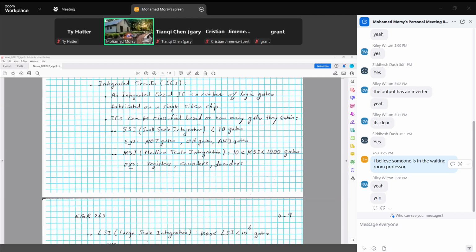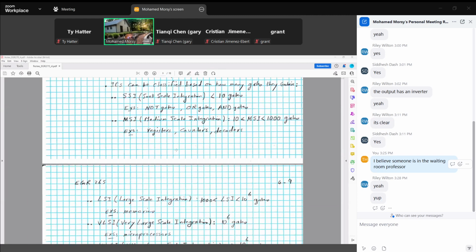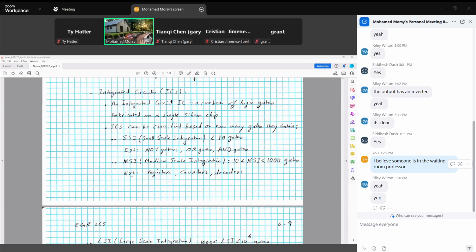ICs can be classified based on how many gates they contain. So each IC has a certain number of gates. And based on this number, we say this is small scale integration, medium scale integration, large scale integration, or very large VLSI, and so on.